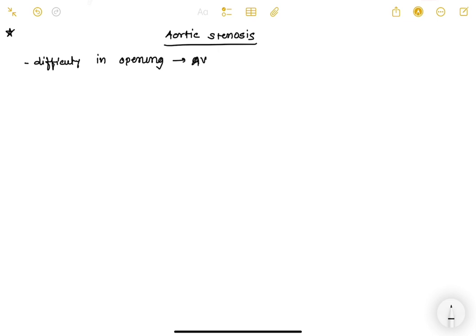Okay, what is the normal aortic valve? It has 3 leaflets, that is 3 cusps. If there are 2 cusps, then it is bicuspid. If it's 1 cusp, then it's unicuspid.